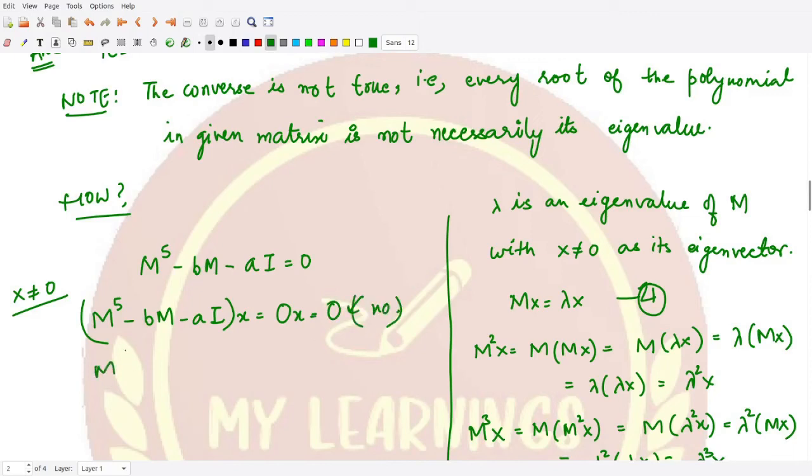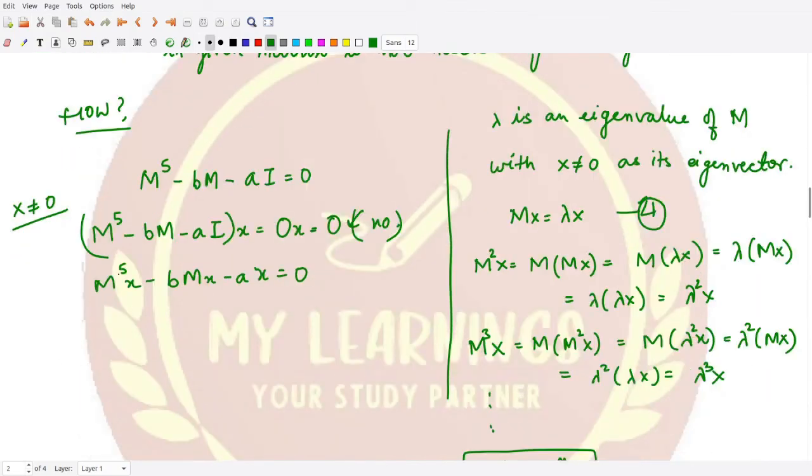So it would be M raised to power 5 x minus b Mx minus a x, that is equal to 0, right? Here in place of M raised to power 5 x, you could write lambda raised to power 5 x, in place of Mx you could write lambda x, and minus a x would be as such. So that would be lambda raised to power 5 minus b lambda minus a applied onto x, right?